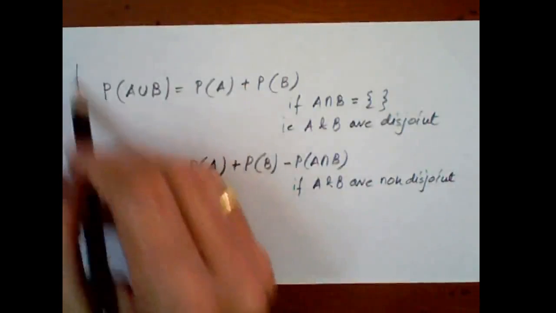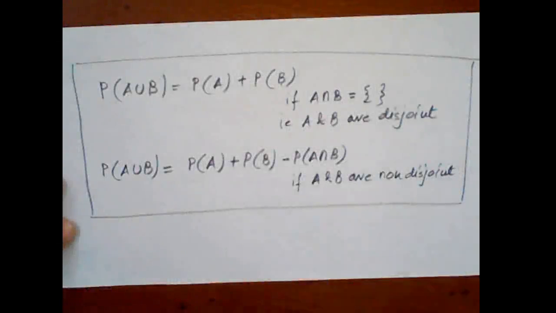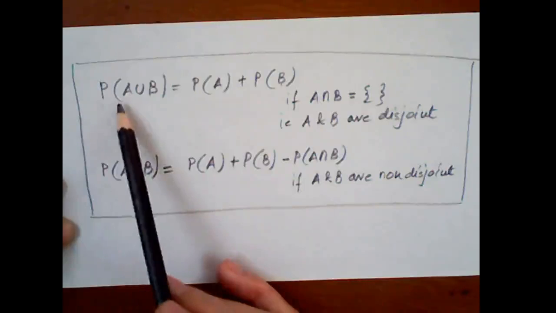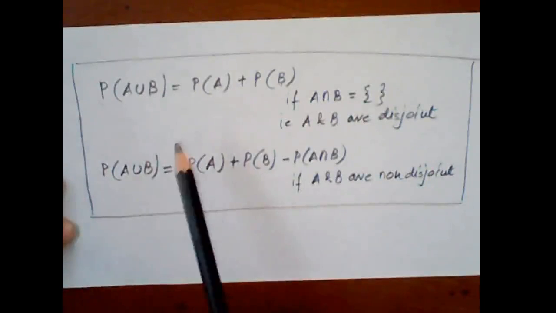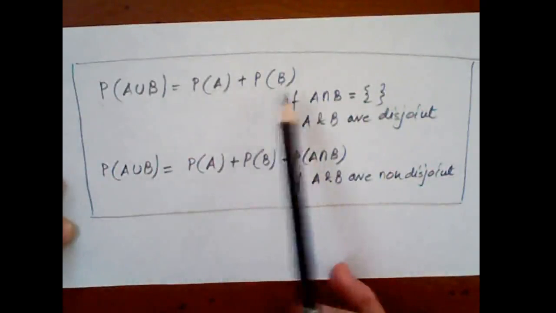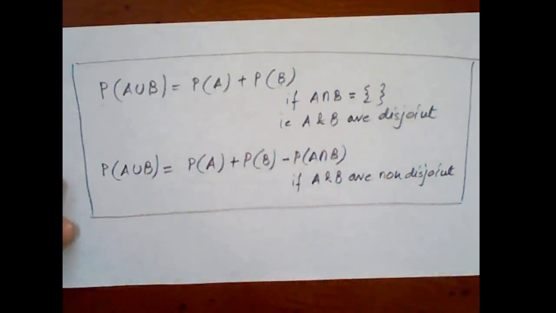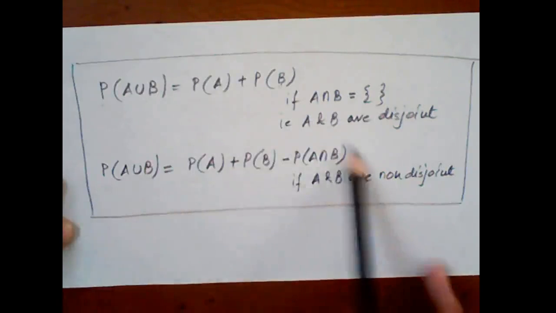Okay, so this we have to take into account. So whenever it comes to solving problems of probability of A union B, you have to figure out whether A and B are disjoint sets. If they are disjoint, you can apply this, but if they are non-disjoint sets, you have to apply this formula.